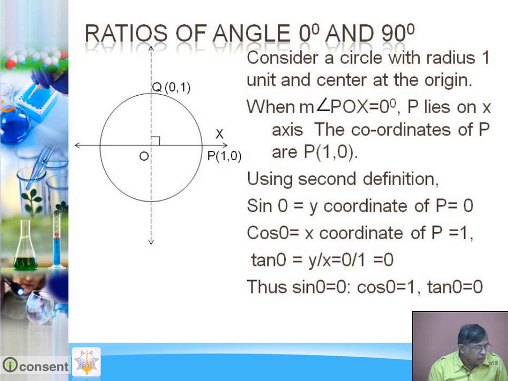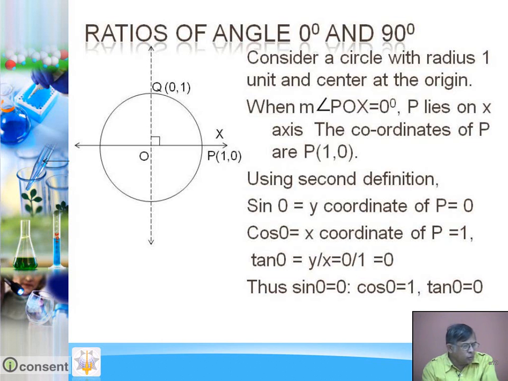OP coincides with OP, means the angle between OP and OP is 0 degrees. That is the y coordinate of P upon 1, that is equal to 0, and cos 0 is equal to 1. So we get that sin 0 is 0, cos 0 is equal to 1.